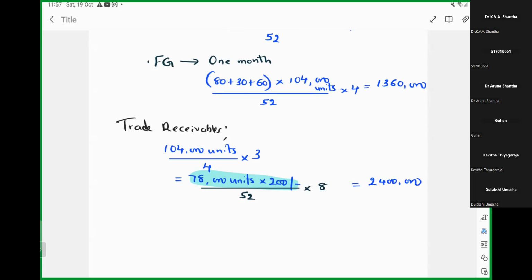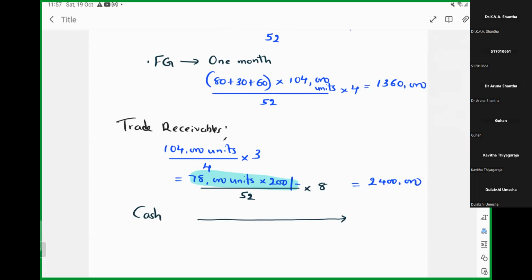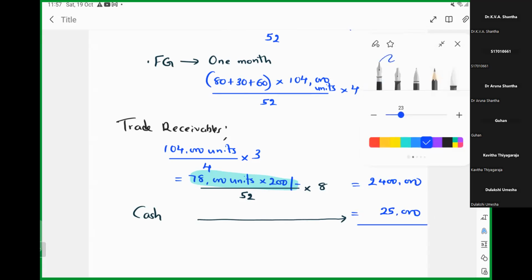Then cash balance, it's given, 25,000. Then you can get the total current assets.